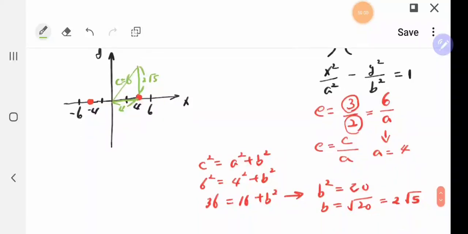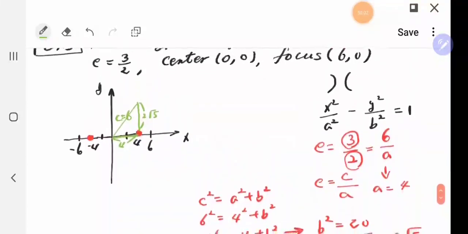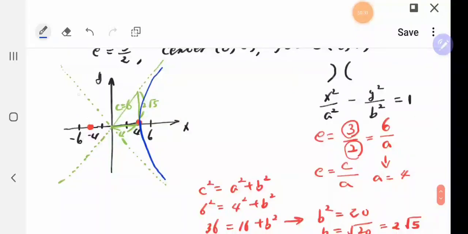And then we can draw two asymptotes. Based on these asymptotes, we can sketch the graph. Since this is the vertex, this one goes like this, and from the vertex at negative 4, this one goes like this.